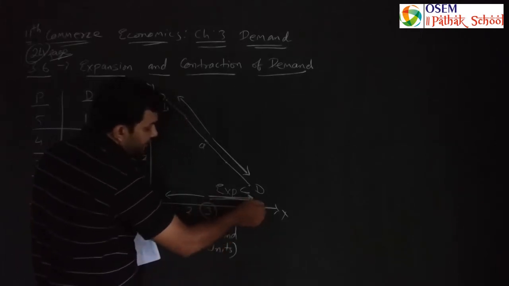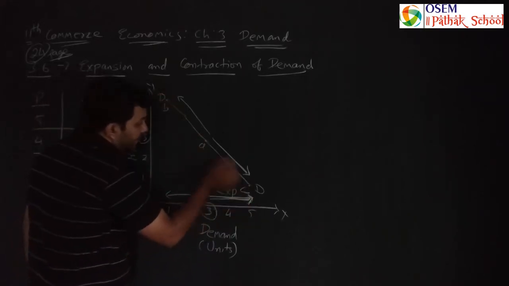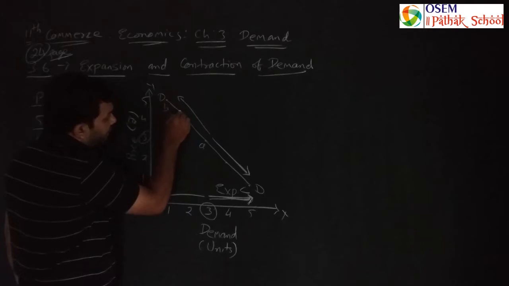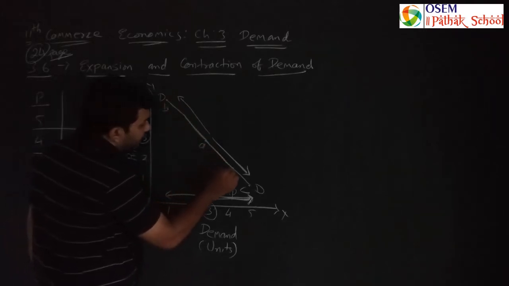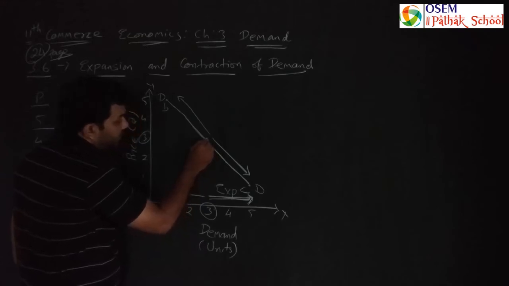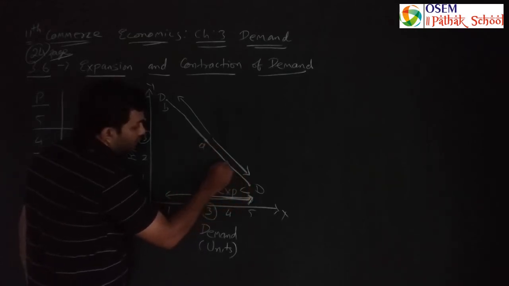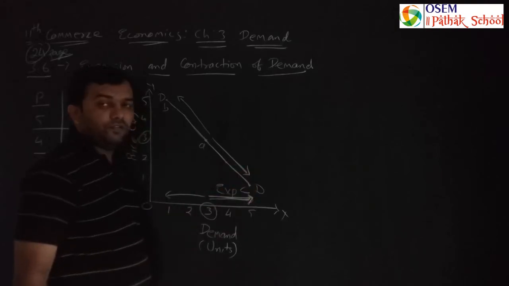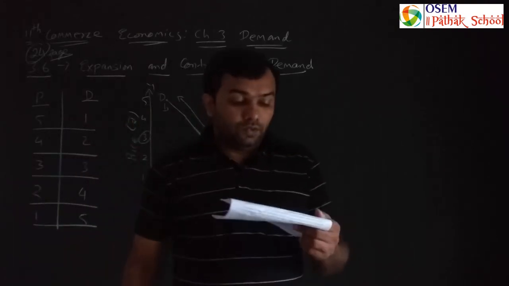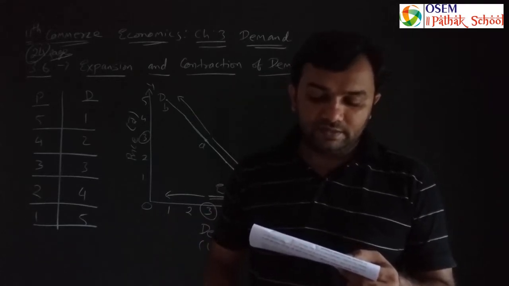This rightward movement is expansion on the same demand curve. There is one and only one demand curve in our graph, and the same movement is happening on it, from 3 units to 4, and then 5. So whenever price decreases, there is expansion.